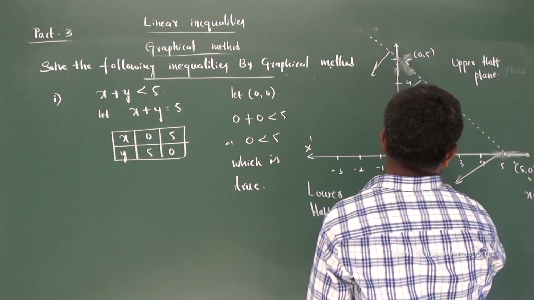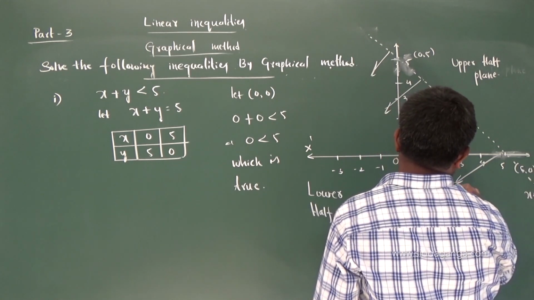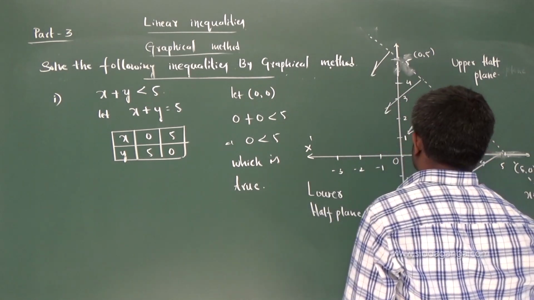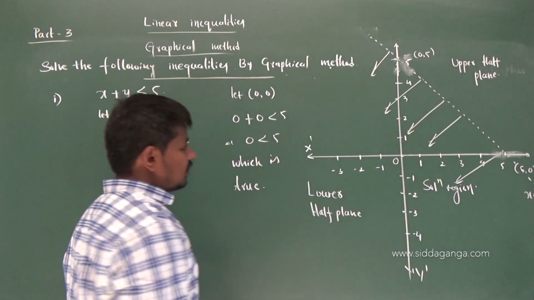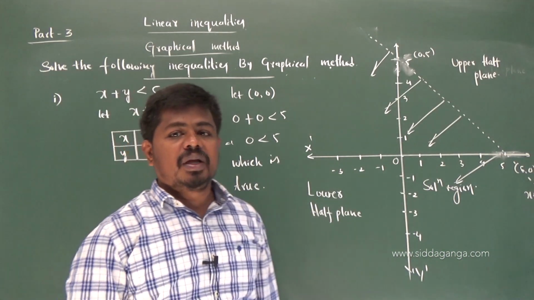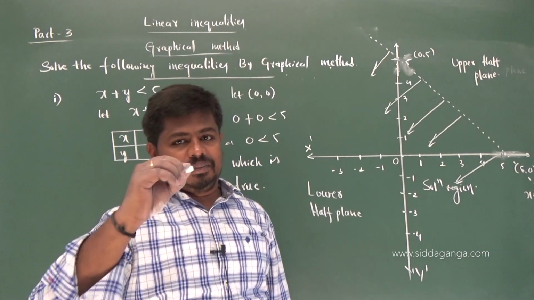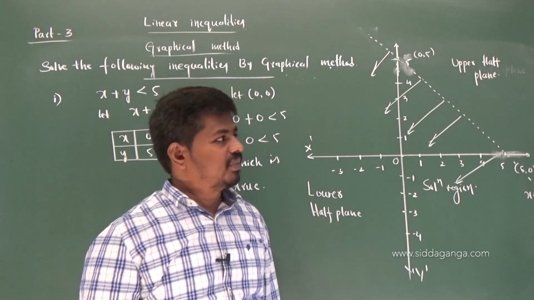We call this the solution region, and hence the solution region is the lower half plane, but the points that come on the line do not belong to it. You have to mention this because it is a strict inequality.